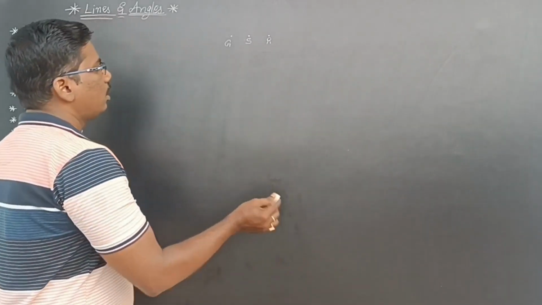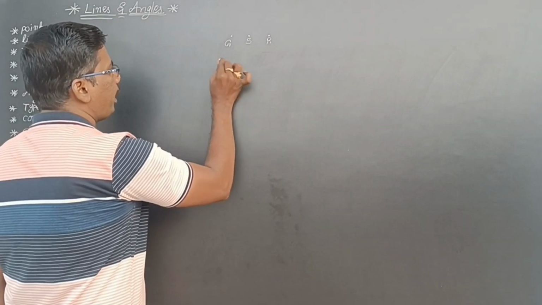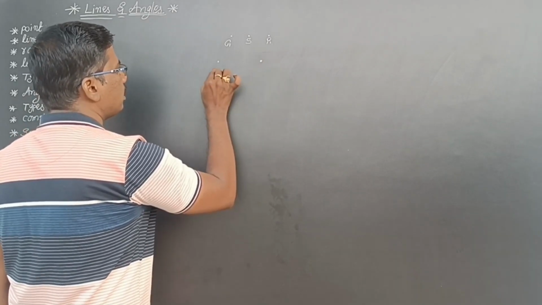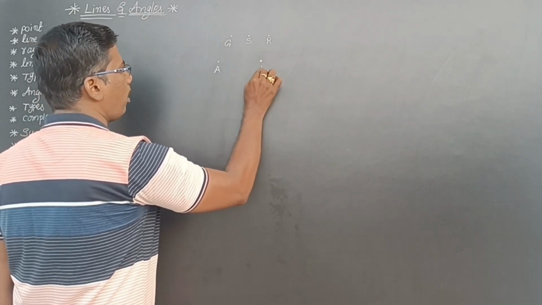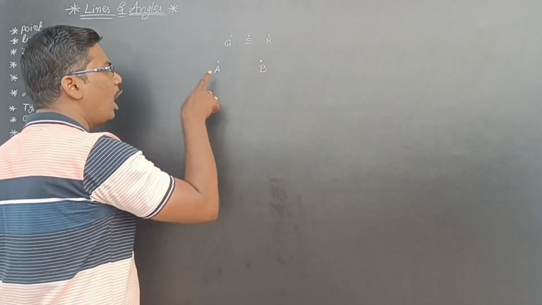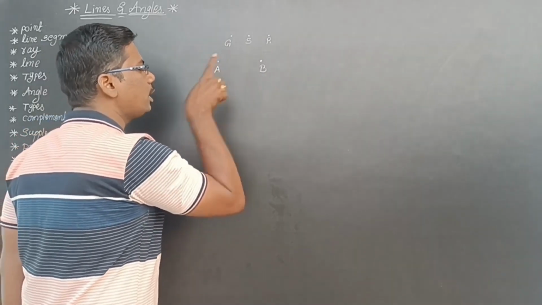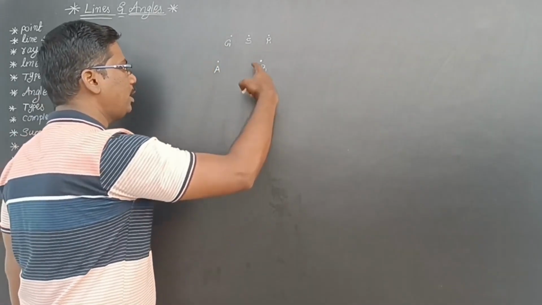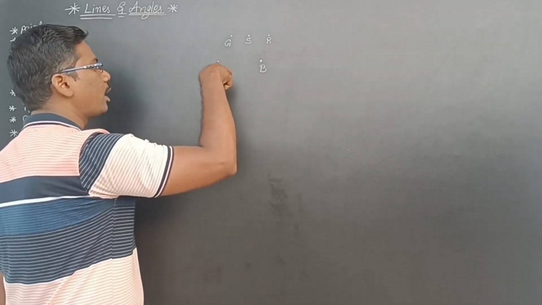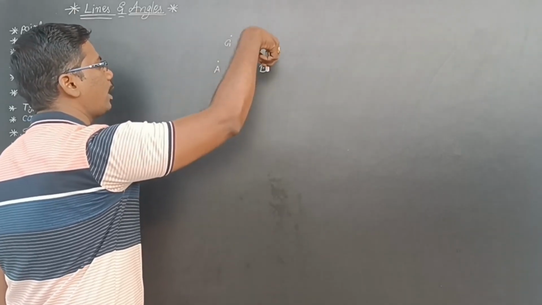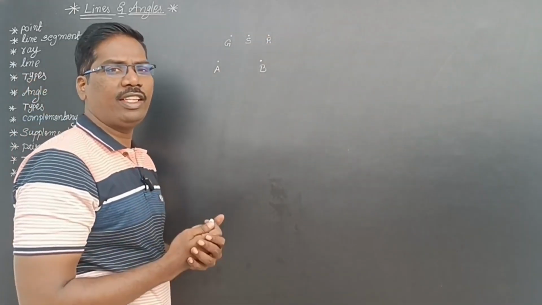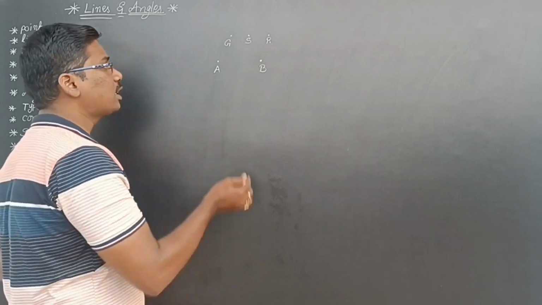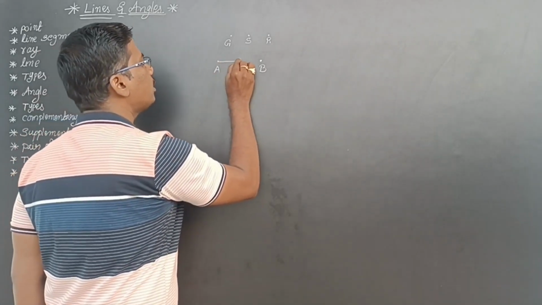Now I am taking one point here, one point here. So this is a point A and this is a point B. I want to travel from this point to this point. I can go like this, like this, like this. Among all these travelings, which is the shortest distance? This is the shortest distance.